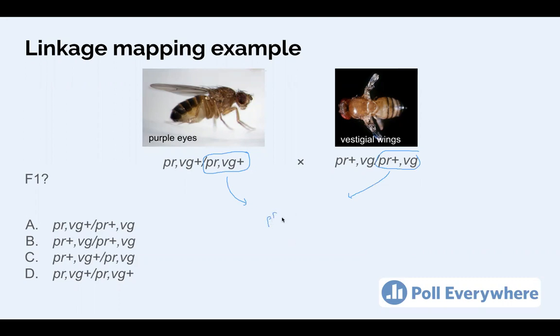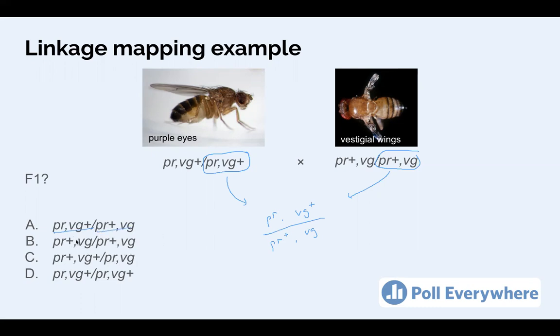And now the notation becomes extra important here. So PR VG plus, PR plus VG is one way to be heterozygous, and that's the way this offspring would be. And it's different from some of these other options. So we need PR VG plus on one chromosome, PR plus VG on the other chromosome.